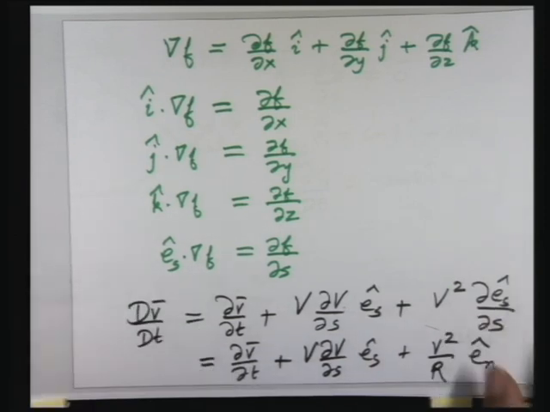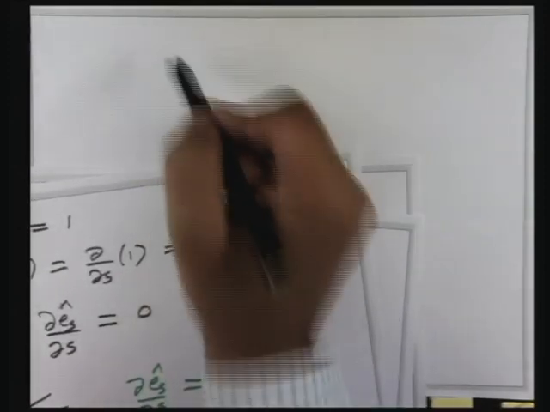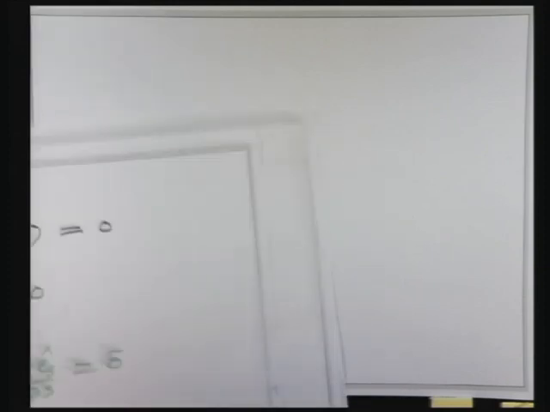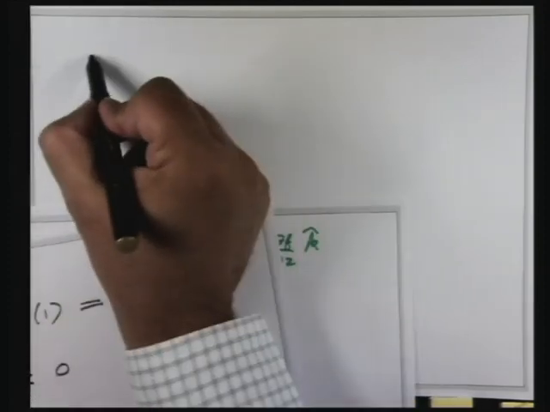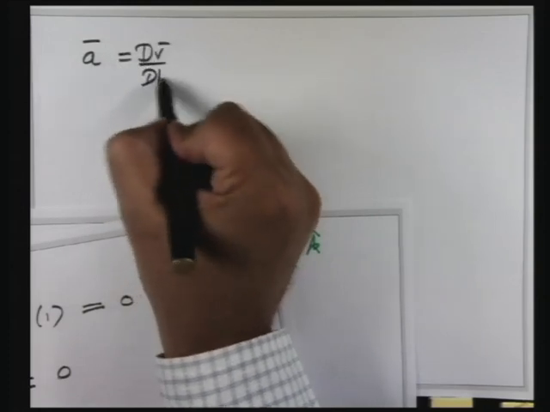Now let us go back and look at Euler's equation. Let me write once again this expression. Suppose I say A is the acceleration of the fluid, which is dV dt, the material derivative.